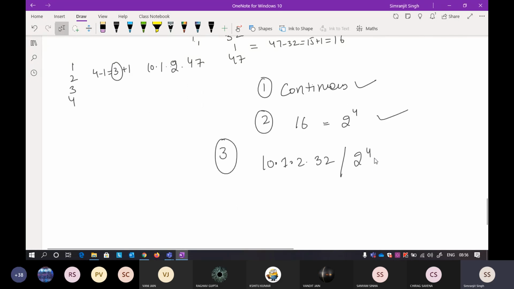If it is completely divisible by this, the remainder should be 0. Okay, so you already know this. If the remainder is 0, you can directly say that it is evenly divisible.